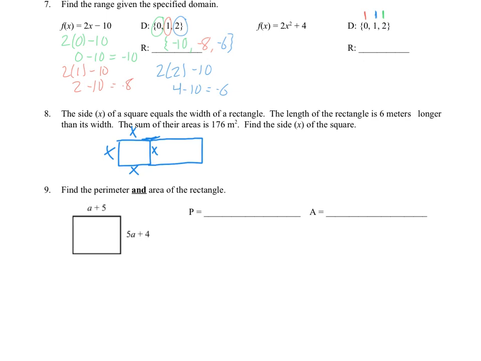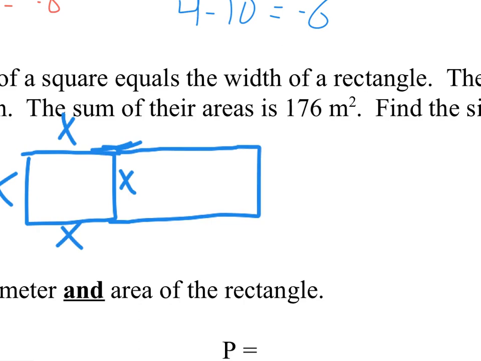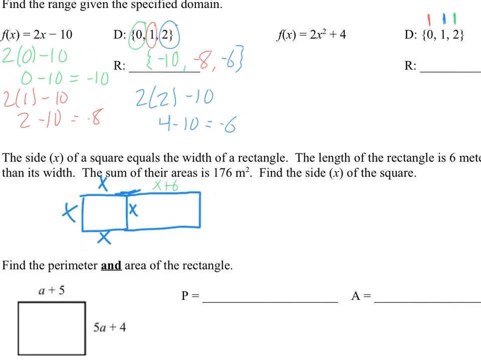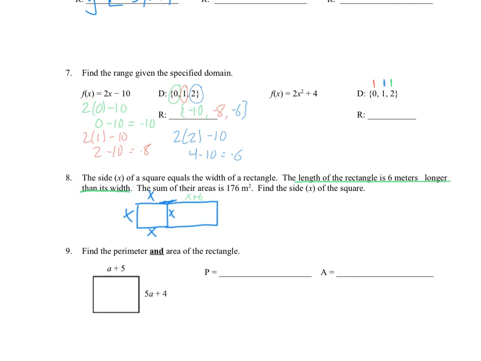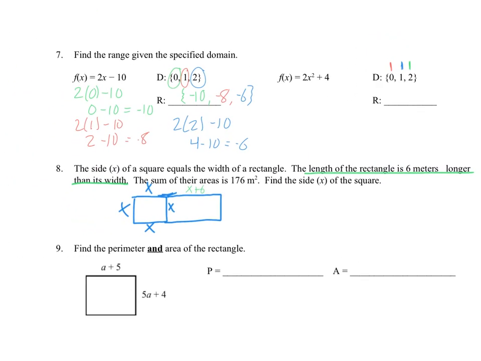And you know what? Let me write that in a different color so that sticks out more. Let me zoom in. So x plus 6, right? And that's because it says the length is 6 meters longer than its width, right? That's all it tells us.